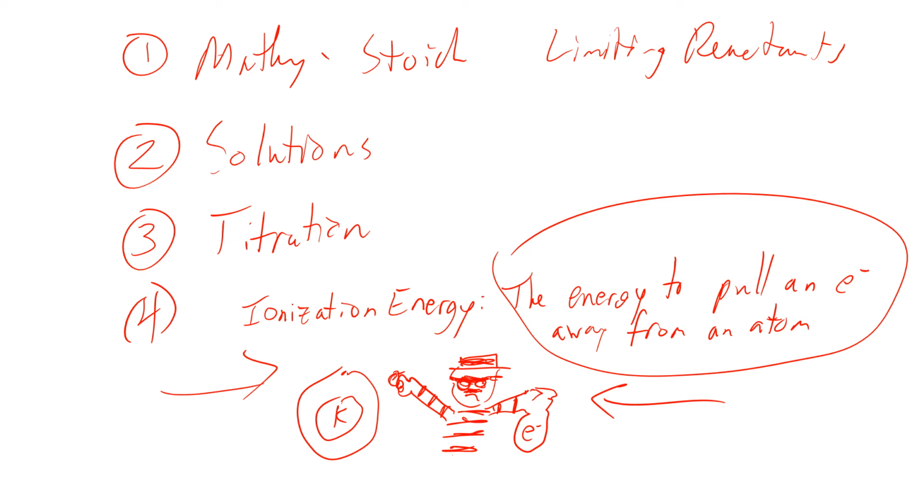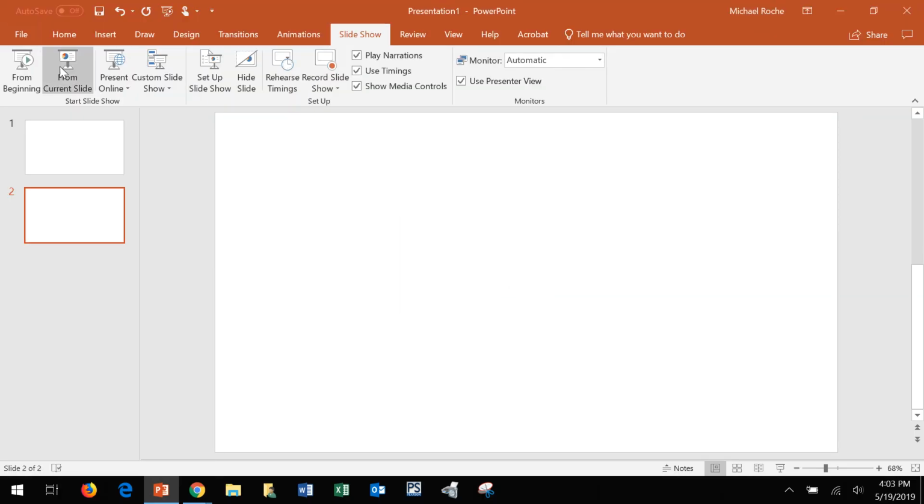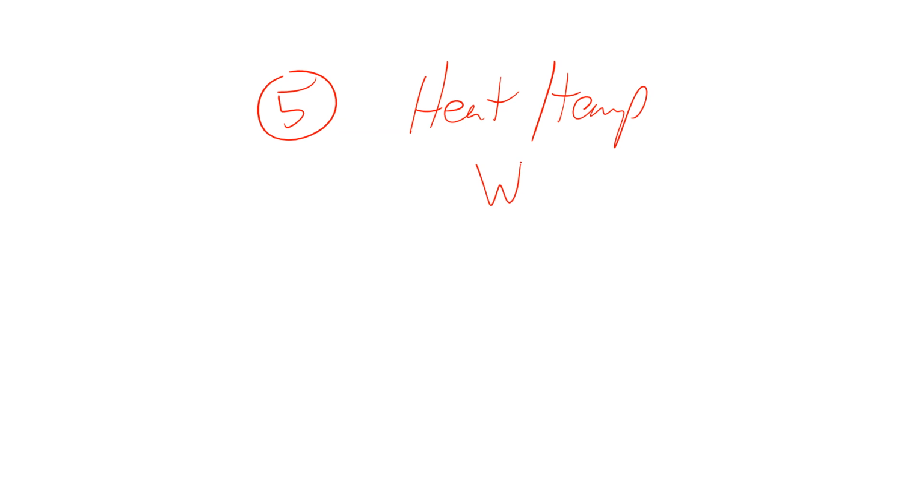All right, number 5. I think I've run out of things, so let's do that. Number 5 is going to be the heat temperature stuff. A lot of whys in this section.